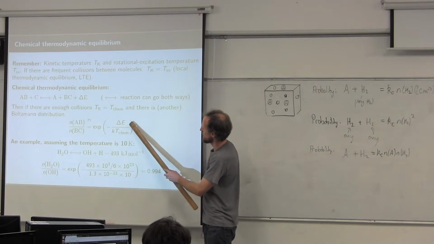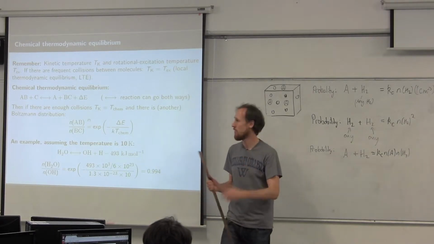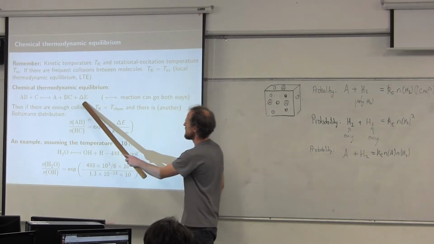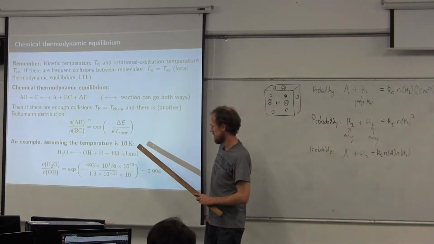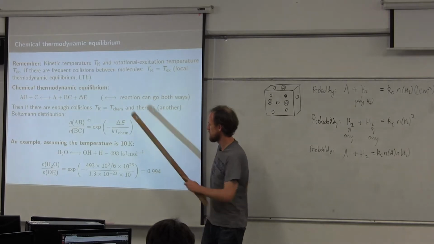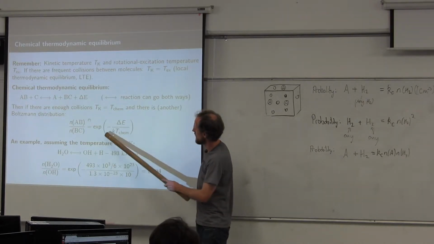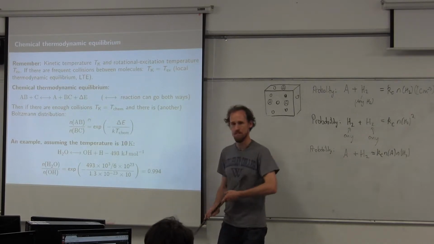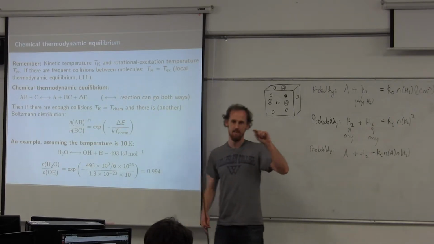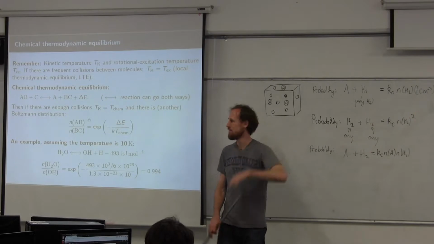Okay, so what that means, delta E, if it's endothermic, means this is a negative number. So if this is a negative number, that's negative, so this entire term will be positive. So you get an exponential to the power of something positive.